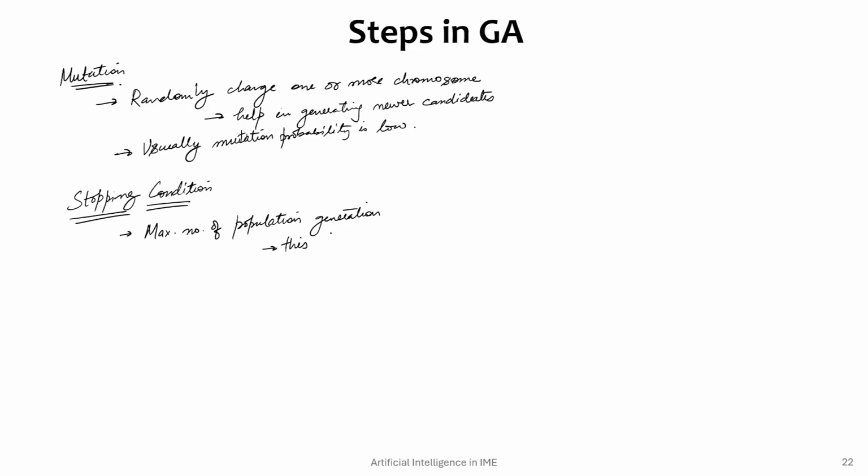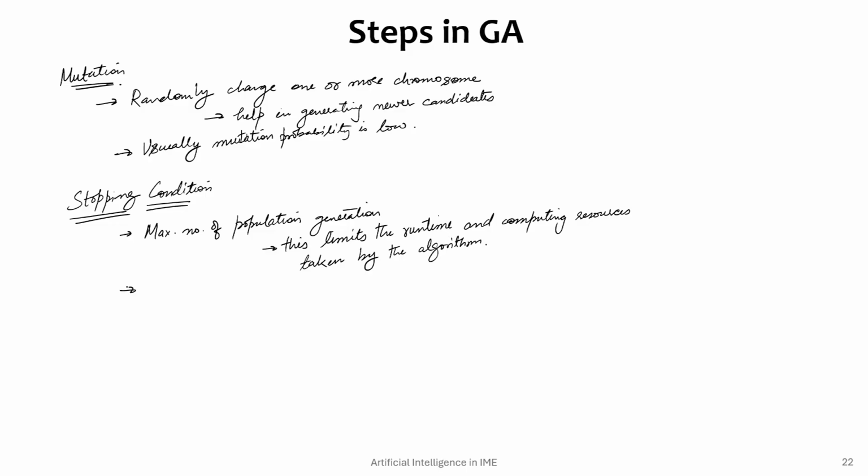This limits the runtime and computing resources taken by the algorithm. So you can see that a genetic algorithm can iterate infinitely, right? So you need to stop this, so that it does not take on computing resources indefinitely.